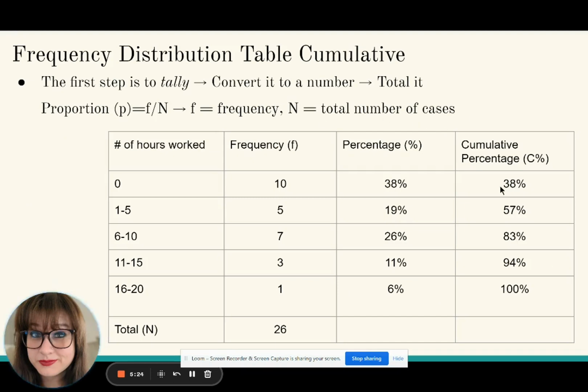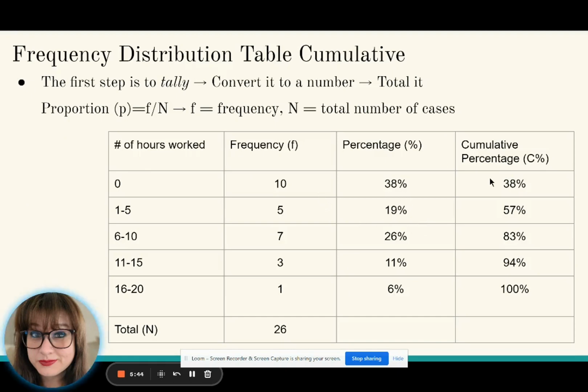Cumulative ones are very similar in that you have your frequency and you are doing your percentage, but the difference now is that you're doing an addition to the next row. So you have this row, right, which is 38. Then you did this one individually, which is 19. So you go back to this one, it looks the same, right? So 19.